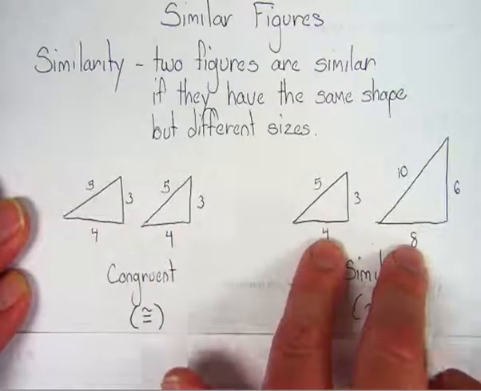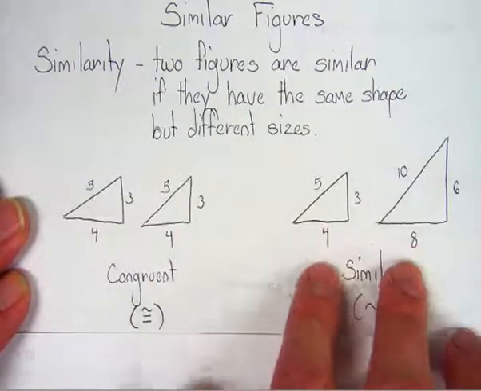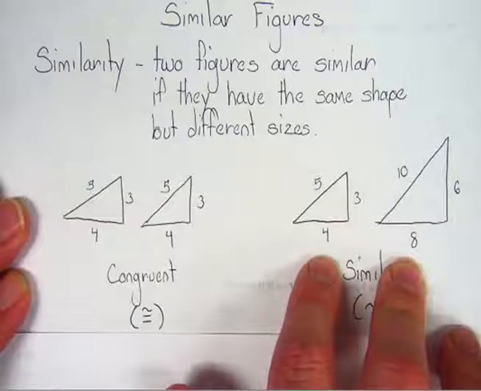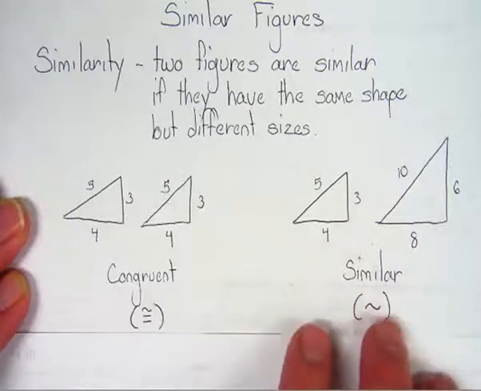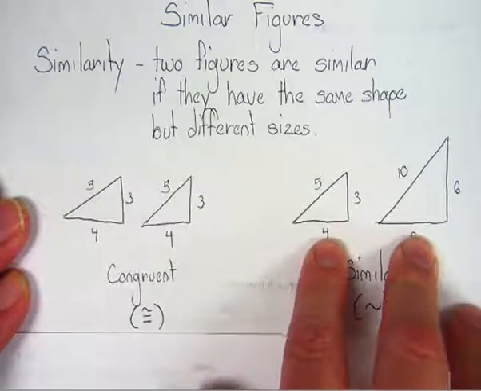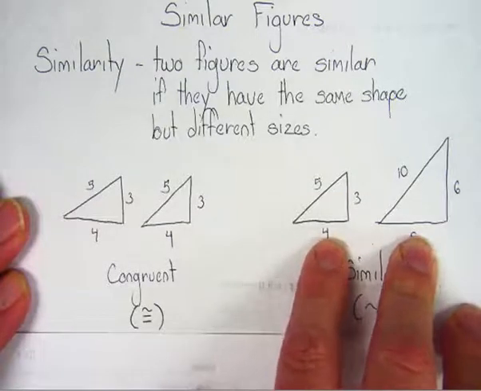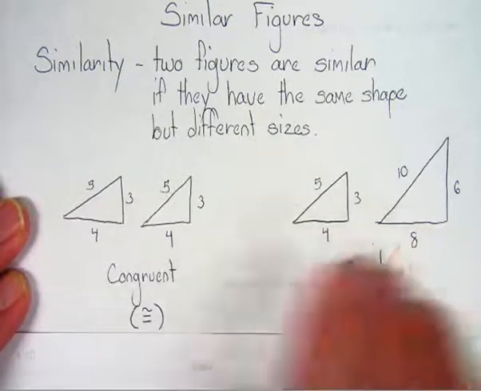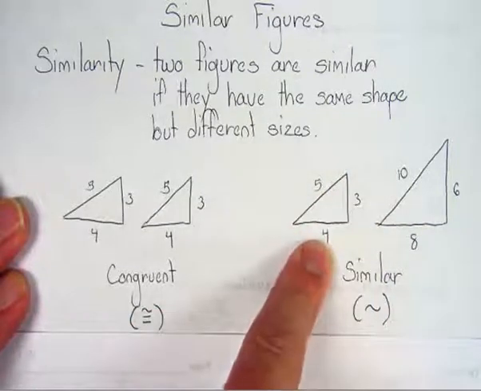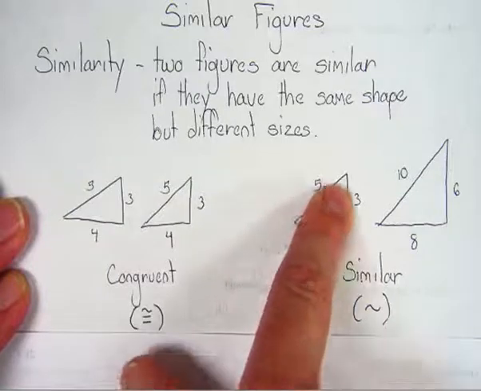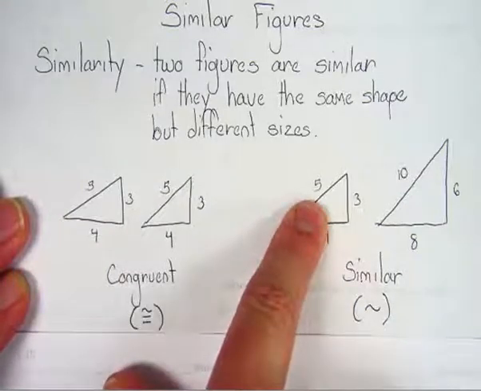Similar figures can be laid over top of each other with some combination of isometries and a dilation. Another way of looking at this is that similar figures are the result of taking a dilation of one figure on top of the other. So for instance, if we take this triangle, the smaller one, and we dilate it with a scale factor of 2, every side is going to be twice as big as it used to.